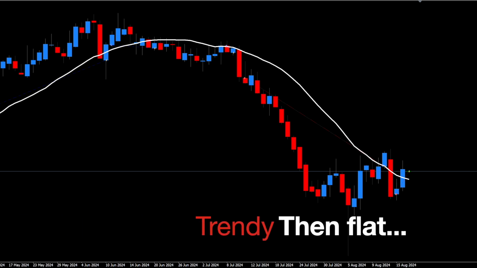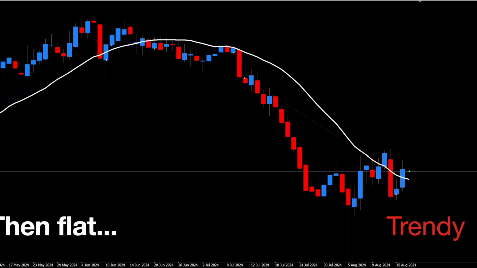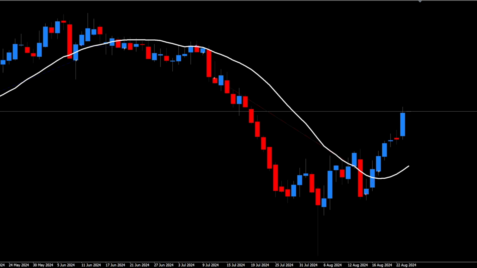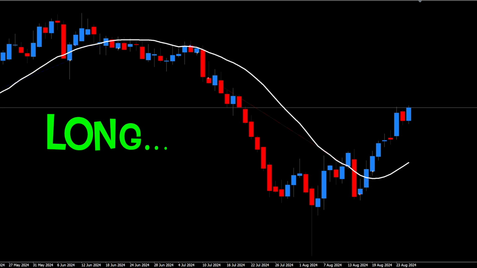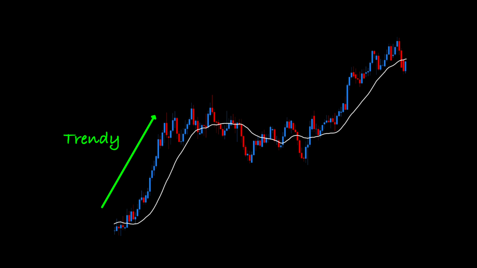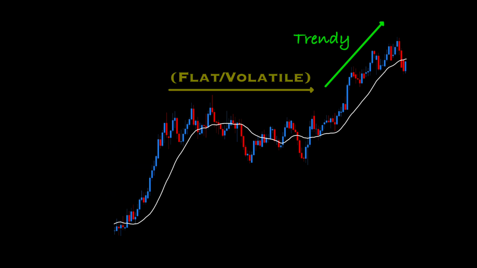That was a nice trendy run to capture profits before it flattened out again. And we're currently in a long trade based on that most recent signal. We're in profits closing our first half and riding the second half up with smiles. We're sure you notice that this market seems to follow a pattern of trends and flat markets before trending again. Nice for the SMA when it's trending, but not so much when it's flat.